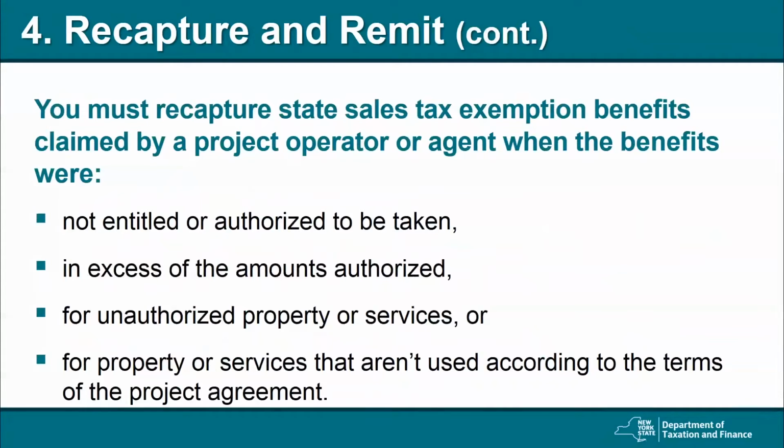Specifically, the IDA must recapture state sales tax benefits when the benefits were not entitled or authorized to be taken, or if they were in excess of the amounts authorized, if they happen to purchase unauthorized property or services exempt from tax, or if there's property or services that aren't used according to the terms that are in the project agreement. And the law does require project operators and agents to cooperate with the IDA in all of these recapture activities.